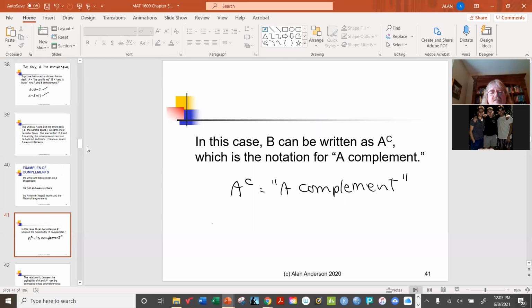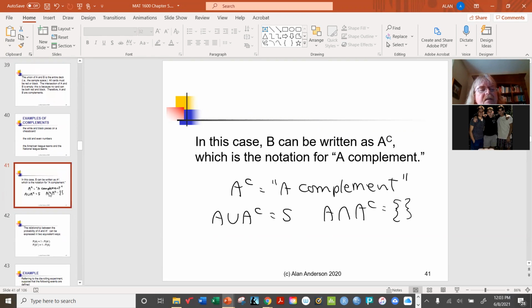And again, don't forget that this implies that the union of these two is the sample space, and their intersection is empty.